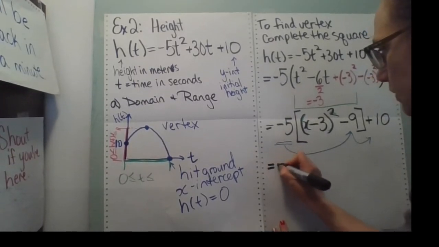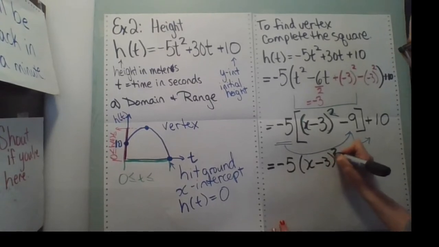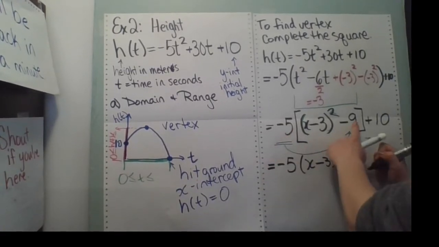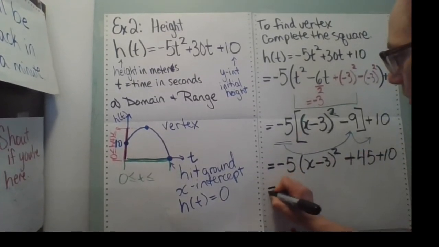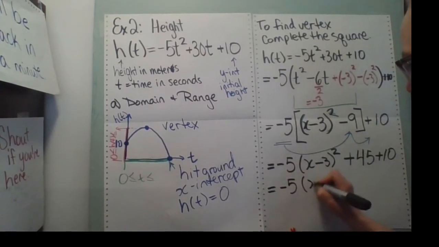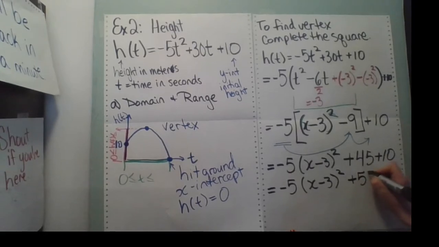So we've got equals negative 5 bracket x minus 3 squared. 5 times 9, so we get plus 45 plus 10. Final answer, negative 5 bracket x minus 3 all squared plus 55.